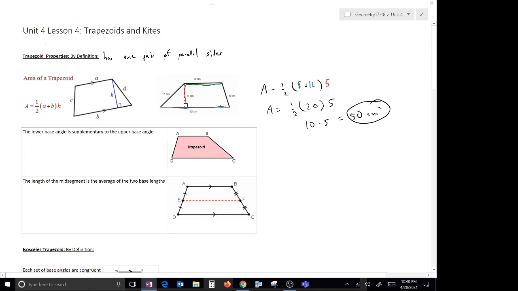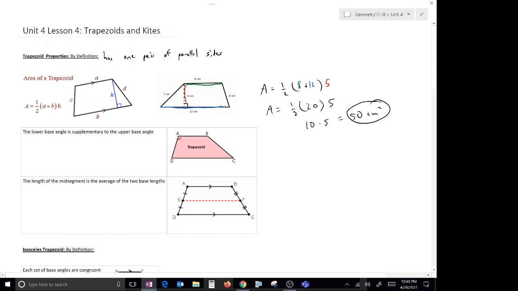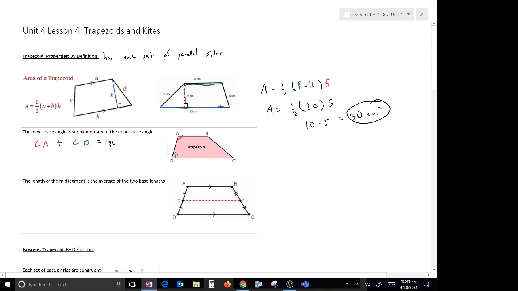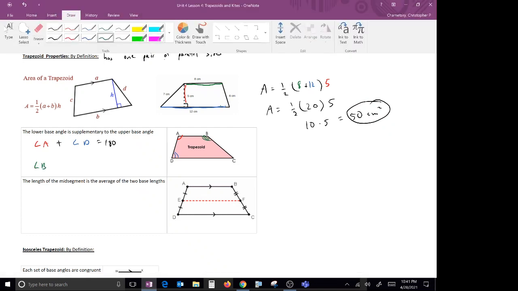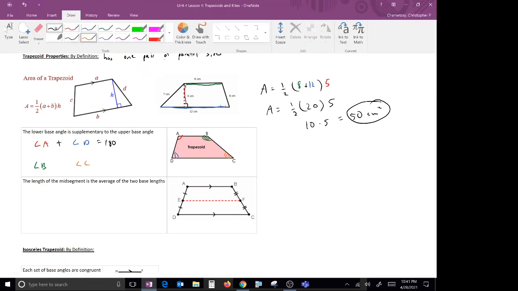Special properties of just a general trapezoid. The lower base angle is supplementary to the upper base angle, so what we mean by that is this angle A and this angle D, those will add to 180, and also angle B and angle C here would also add to 180 degrees.